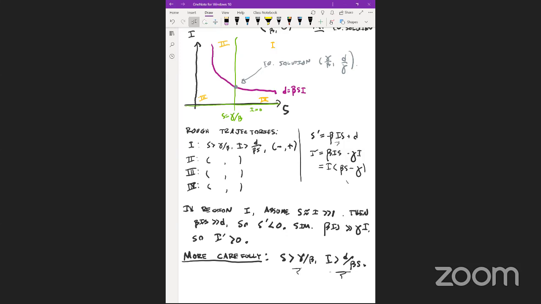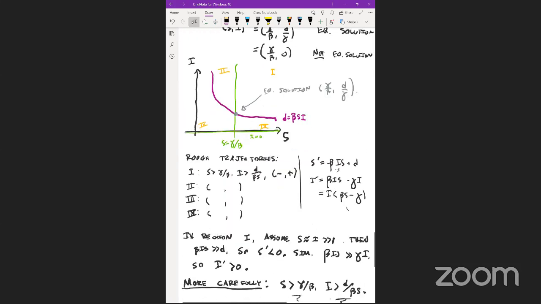Okay, so given that, there's two ways that you can go around the circle and figure it out. You can do a similar kind of asymptotic analysis, but we can also use the fact that there are no higher order zeros in this equation. All of these nullclines are first order. And so when we cross a first order nullcline, we have to change sign, right?